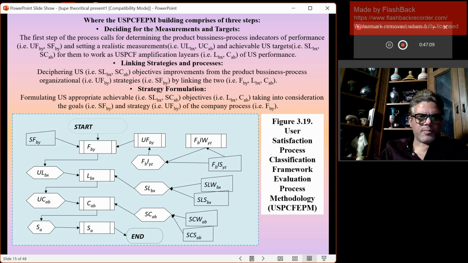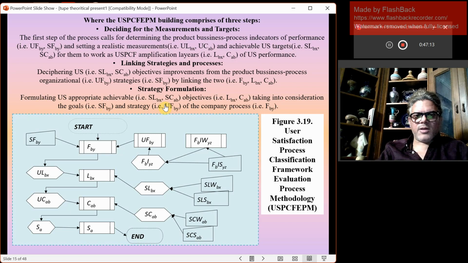So, formulating goals and strategy of the company process, which is the FBY.